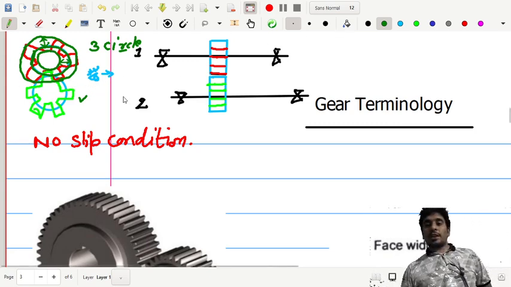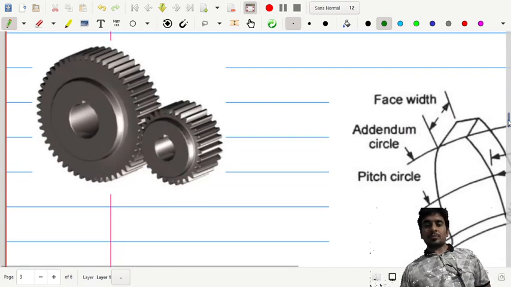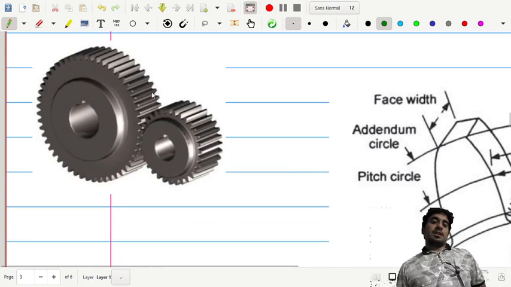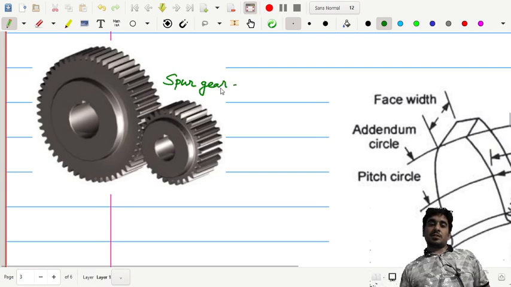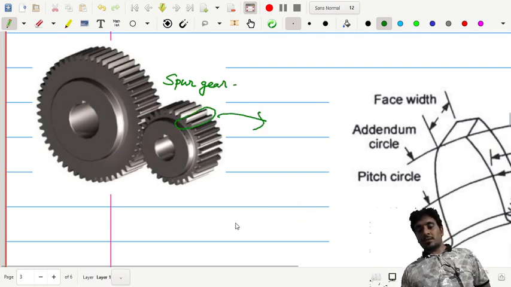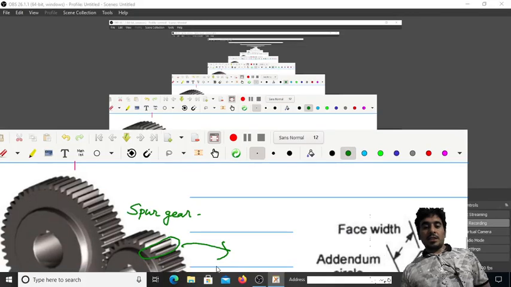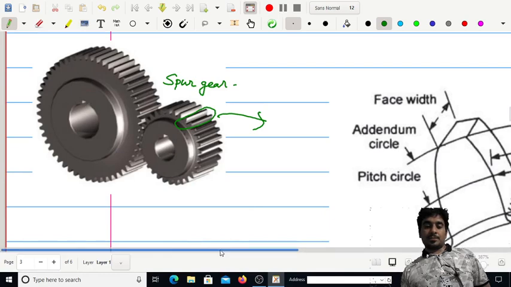So now, directly coming to the gear geometry, in order to understand it I have taken an example of a spur gear, and any two teeth of the spur gear were considered to explain the gear geometry in a better way.